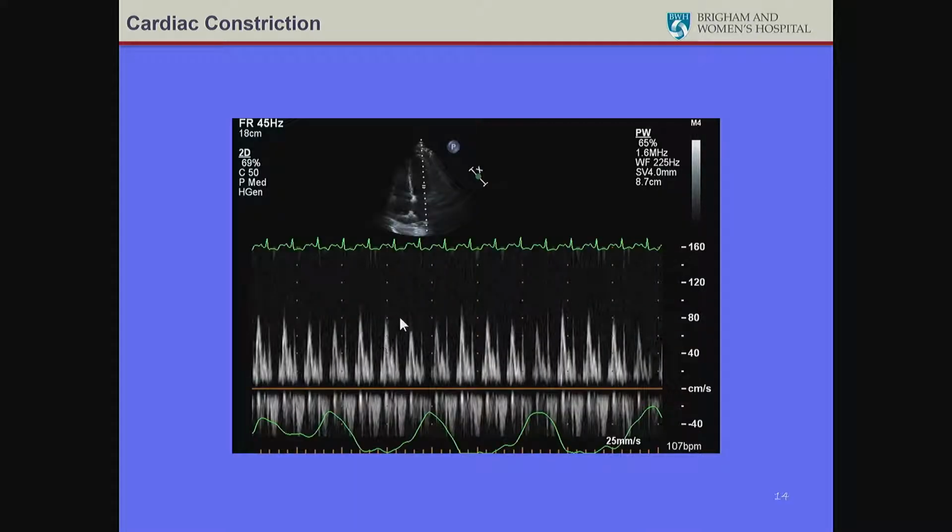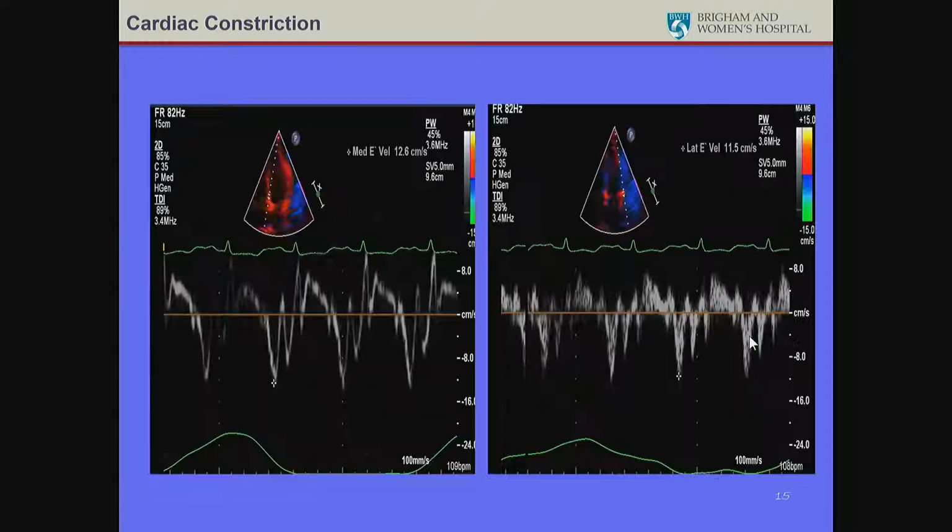This is pulse Doppler through the mitral valve in a patient with cardiac constriction. Note there is mild inspiratory decrease in the E wave on the pulse Doppler in this patient. One of the key findings in cardiac constriction is annulus reversus of the E prime wave on tissue Doppler of the septum and lateral annulus of the mitral valve.